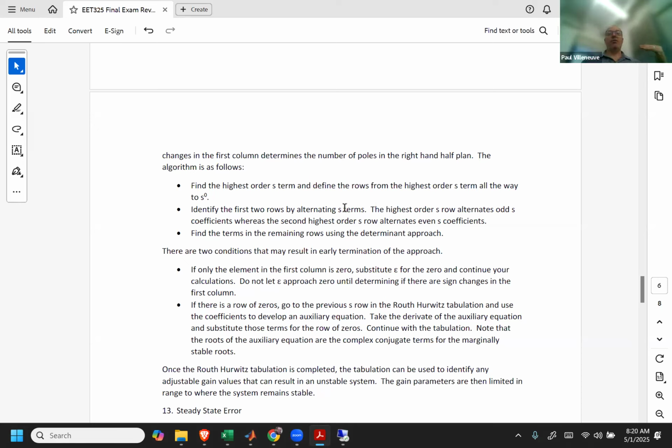And then your next row, which is S to the -1 from the previous one, you do the same process, but now you pick those elements or coefficients that you skipped, and then you build from here. And then it literally is -1 over A, I'll call it previous, and then the determinant, A, B, C, D. You get the determinant by the previous two rows.